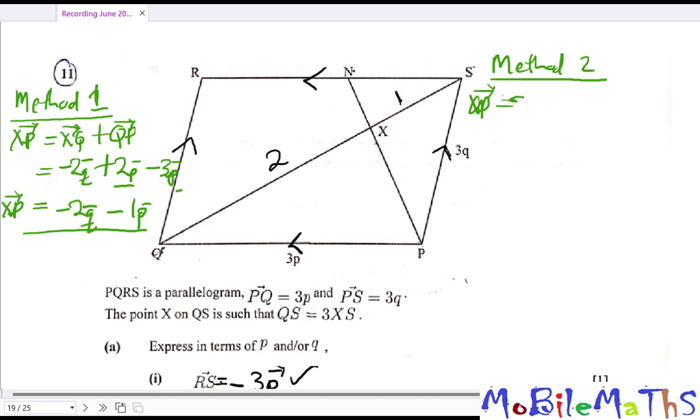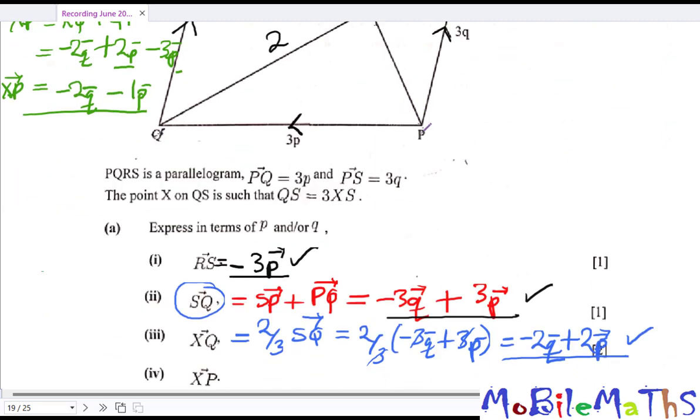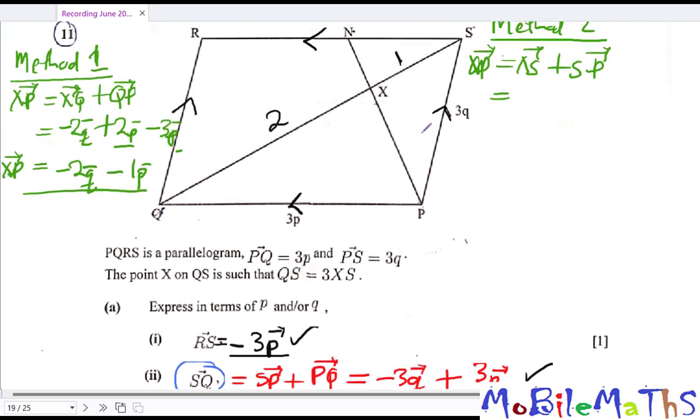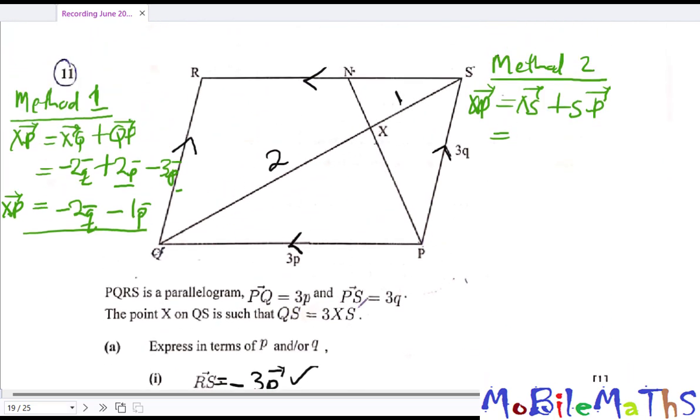XP is going to be XS plus SP. Okay, so substituting my vector XS, we have calculated XS, right? Did we not calculate XS? Okay, we did not, but we know XS is this one. So how do I find XS?